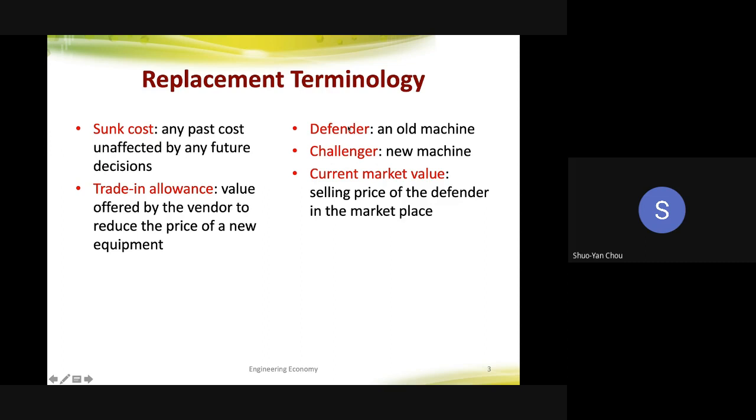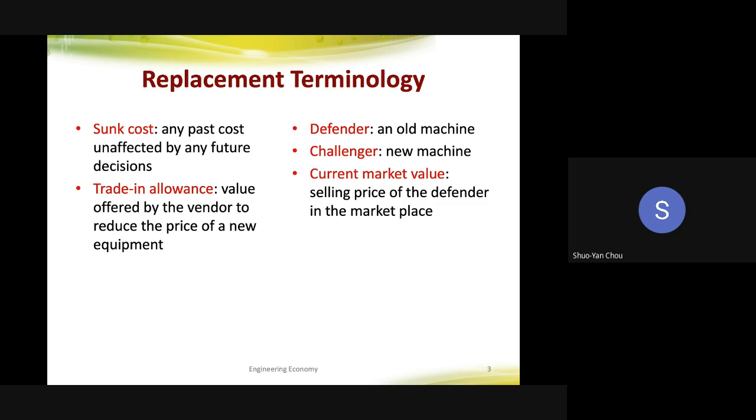Again, there will be salvage value. The salvage value will influence our tax, and buying a new one will have new costs at the time, and so on. It will not be that straightforward in the analysis, but for the purpose of illustrating replacement, we tend to ignore those factors for the time being.